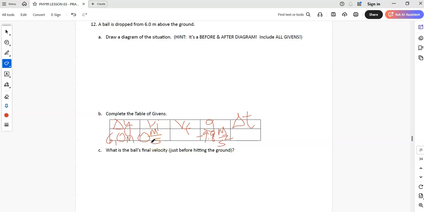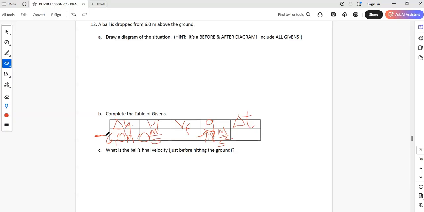Now, this ball is moving down, so what you have to realize is that while the ball is 6.0 meters above the ground, it is dropping down. So as it's falling, its displacement is a negative value. It's very important to remember that's negative 6.0 meters.